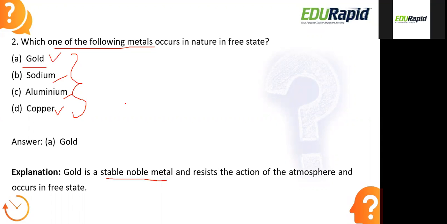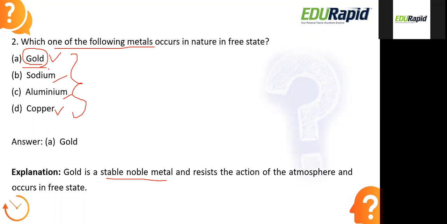Looking at the reactivity series, first we have potassium, followed by sodium, calcium, aluminium, zinc, iron, tin, lead and hydrogen, copper, mercury, silver and gold. In our reactivity series, gold is at the lowermost place because it is the least reactive compared with the rest of the metals.